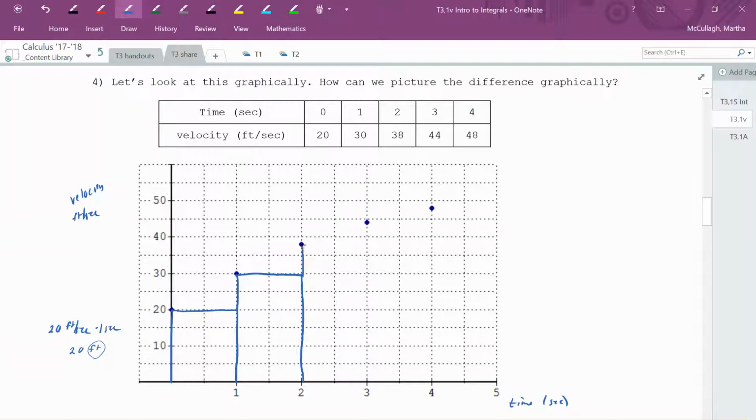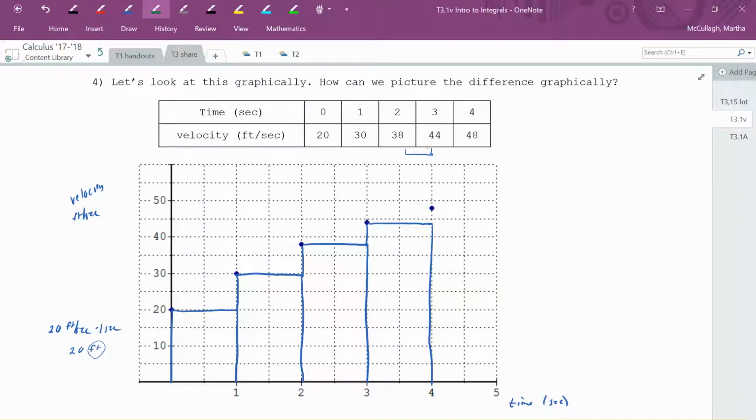In the third interval, I again have a rectangle whose height is 38. Its width is 1 second, so I get the 38 feet. And my last interval, I'm going to say that the car is traveling at 44 feet per second for 1 second. And I again have a rectangle whose area represents the distance traveled.